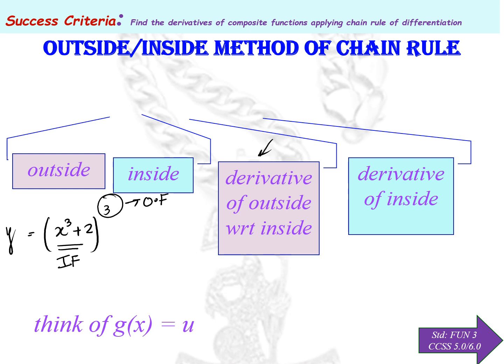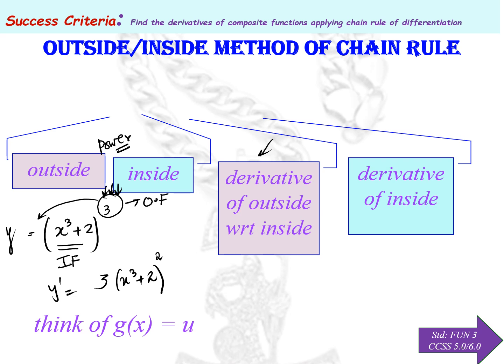So the outer function is the power, right? So we have to apply the power rule. What does the power rule say? Bring the power before the function, that is 3. Write the inner function as it is. Now the power rule says to subtract 1 from the power, so it becomes 2.